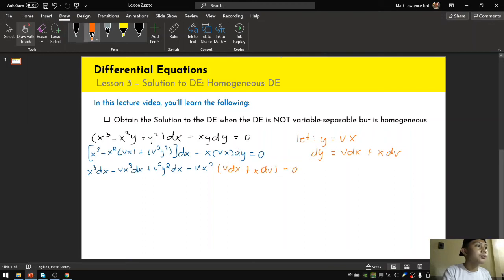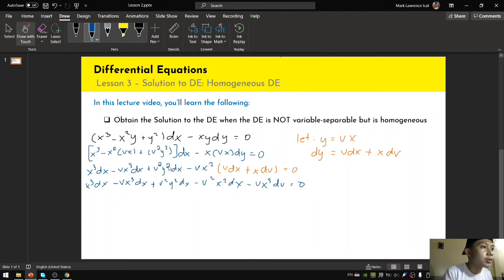Okay, so pasok na natin. It's going to be x cubed dx minus v x cubed dx plus v squared y squared dx minus v squared x squared dx, so we have minus v x cubed dv equals 0. Alright, so let's inspect if we see something that is similar.